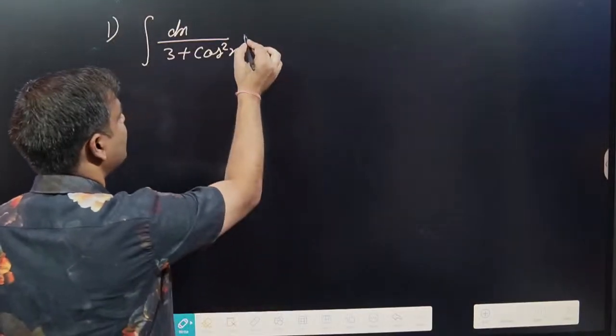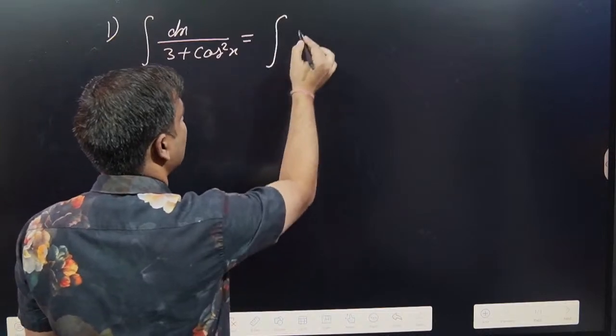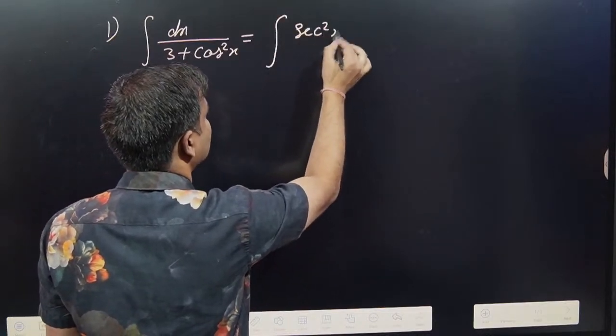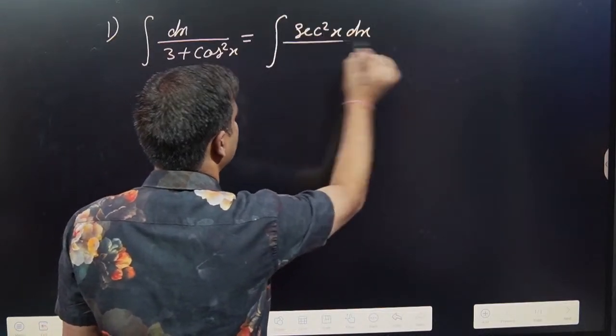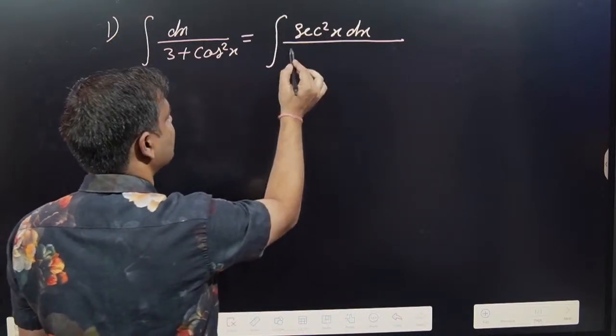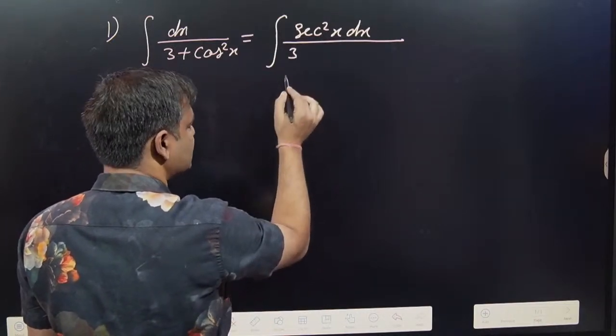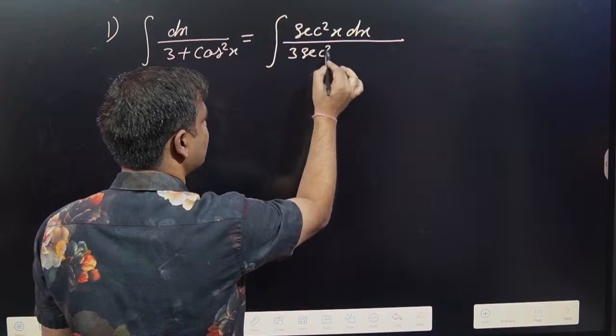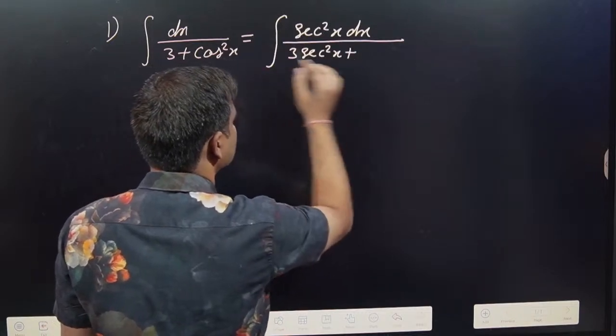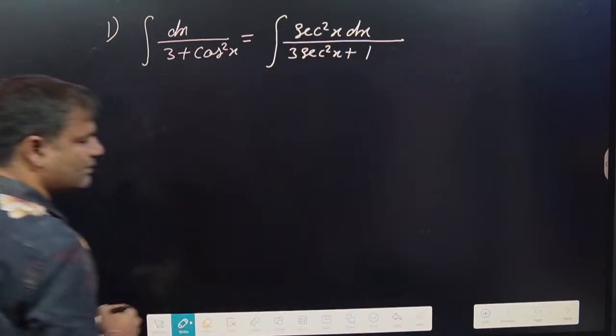Here, 3 plus cos square x. If you divide numerator and denominator by sec square x, then this returns sec square x dx divided by 3 sec square x plus cos square x upon cos square x, simply 1.